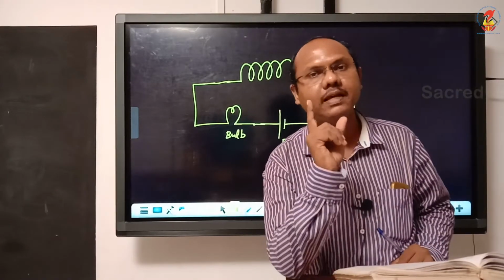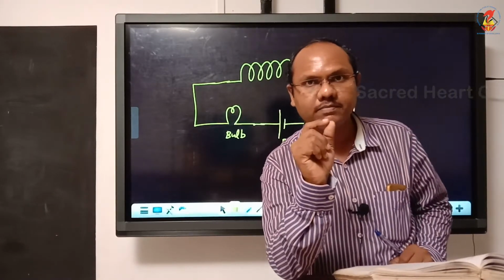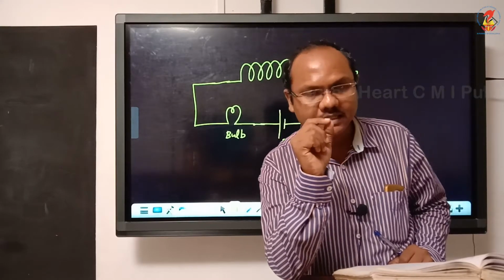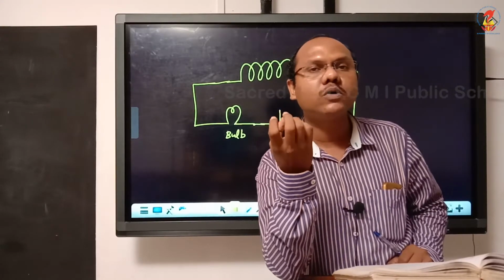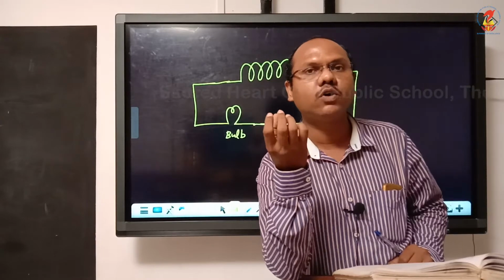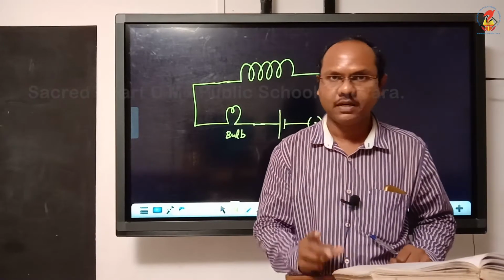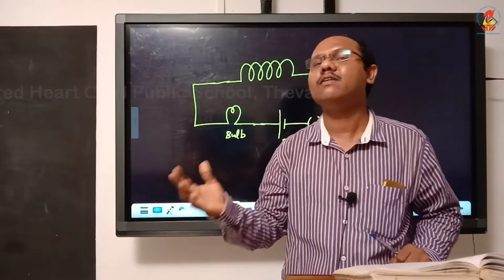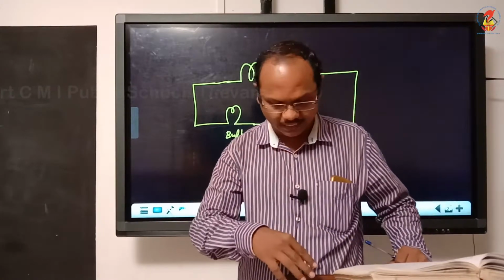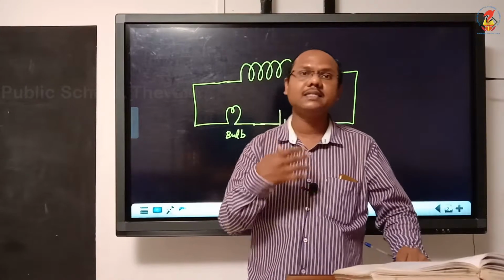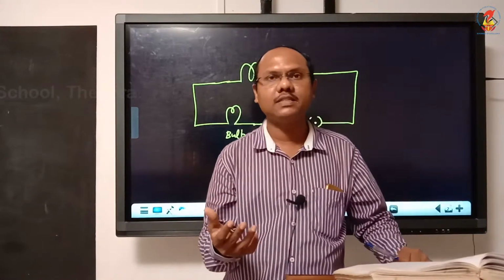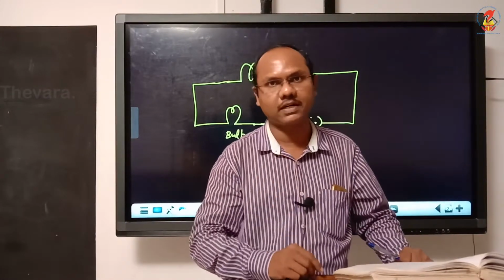And remember one thing, the self-induction opposes the growth or decay of the current in the circuit. If the current is growing, the self-induced EMF will oppose the growth of the current. And if the current is decaying, the self-induced EMF will oppose the decay of the current.